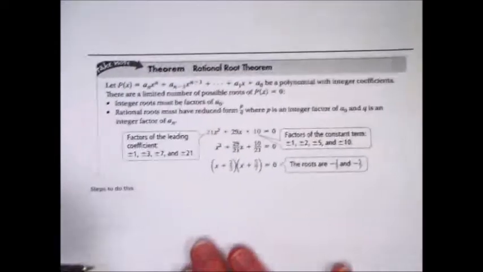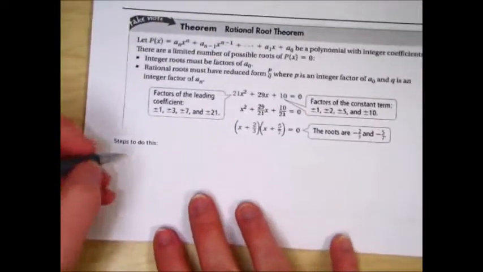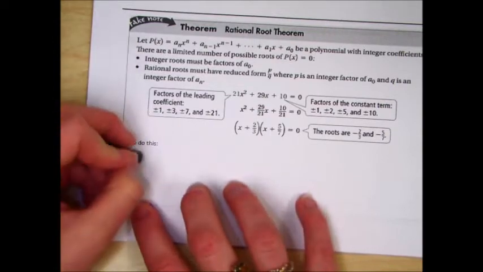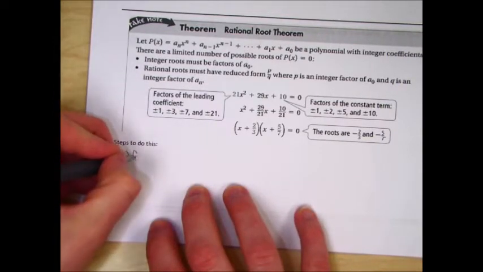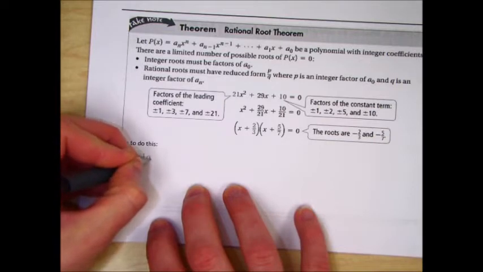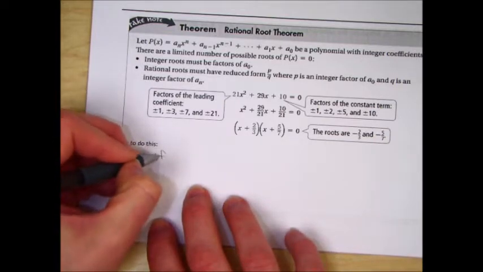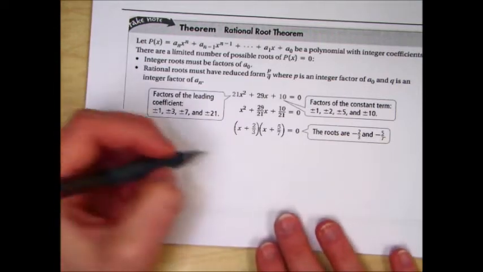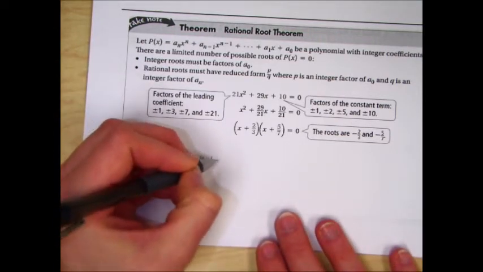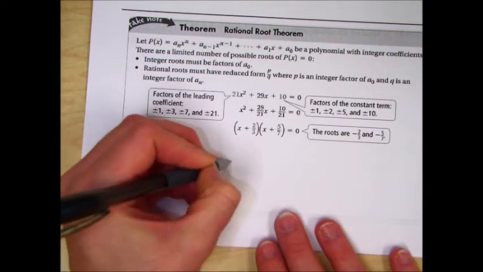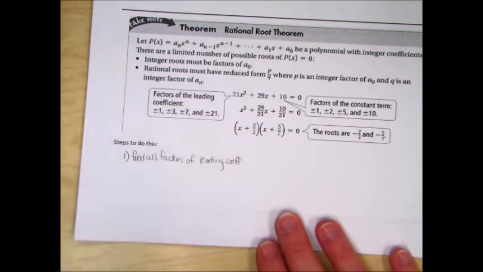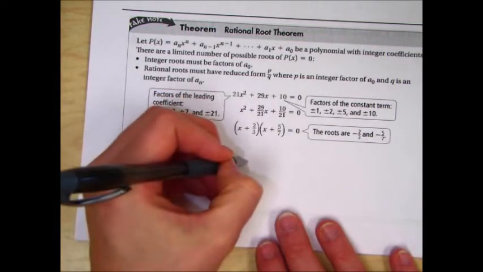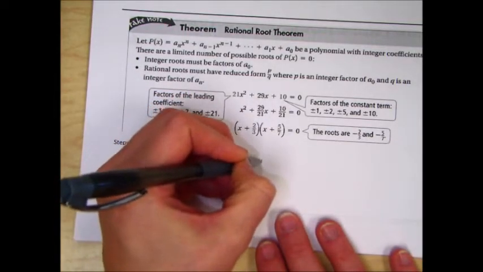I'd like to write the steps out so that you have something to refer to. Step number 1, find all the factors of the leading coefficient, which means the one in front of x squared or x cubed, the biggest degree, and the constant.